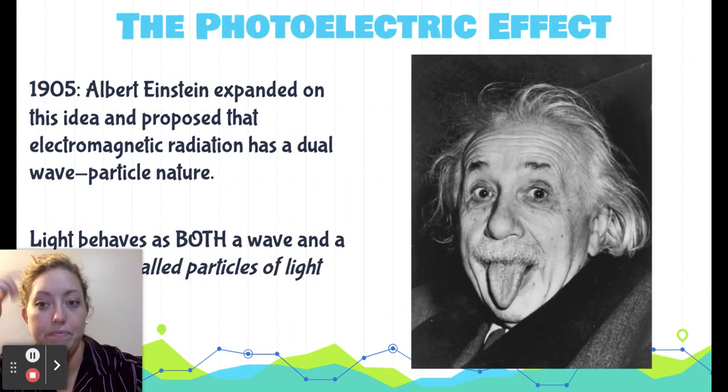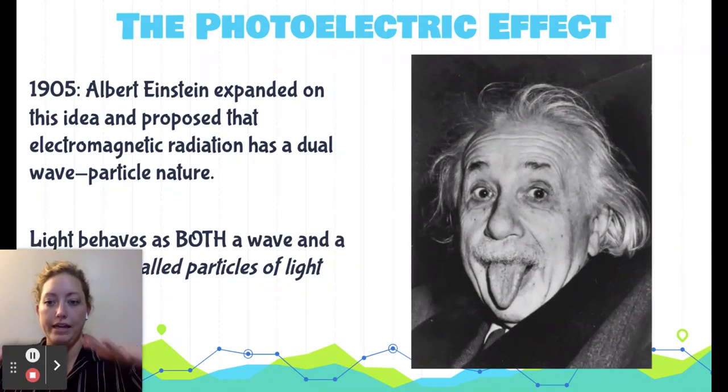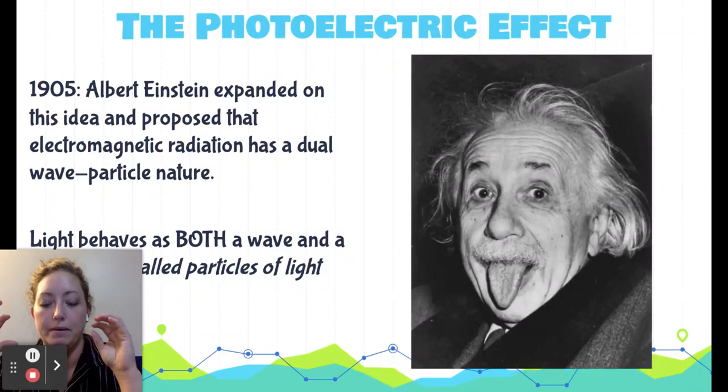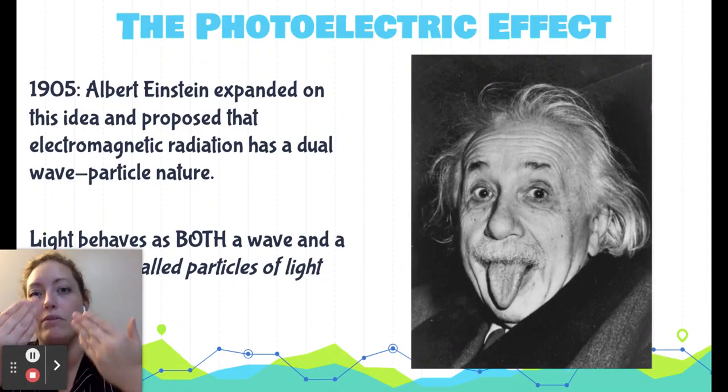In 1905, Albert Einstein expanded on that theory and said that he believed light behaves both as a particle and a wave, mostly because of how it interacts with other light. If you have two beams of light shining together, they hit each other and interrupt one another.